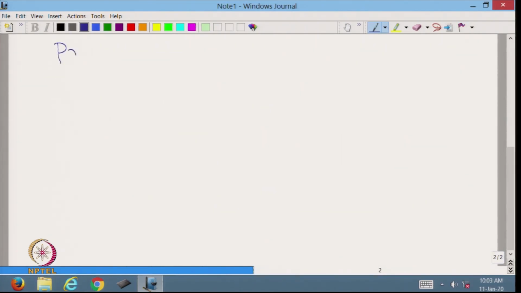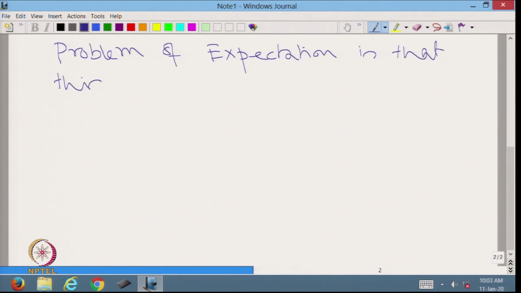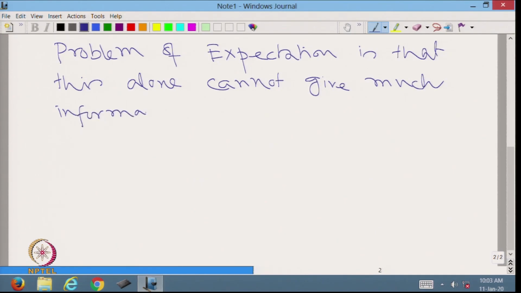Now, the problem with expectation is that this alone cannot give much information about the random variable.